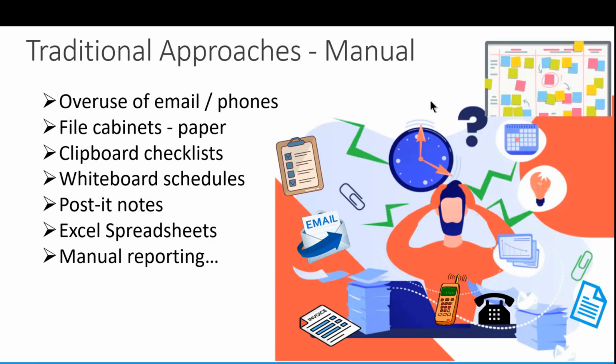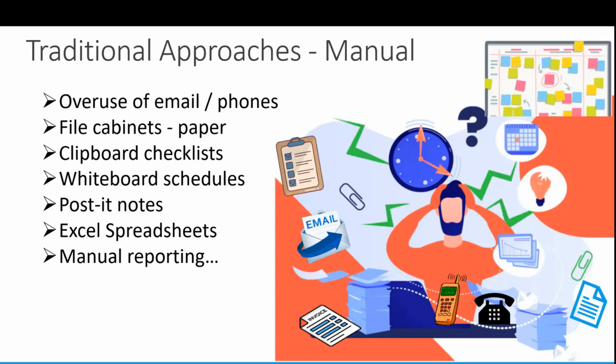And what we've seen in a lot of organizations that don't already have some type of work order system or other systems is they're trying to do things manually. And what we see is really overuse of email and phones for tracking requests and that type of thing.